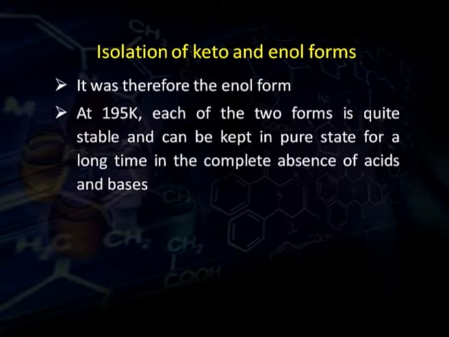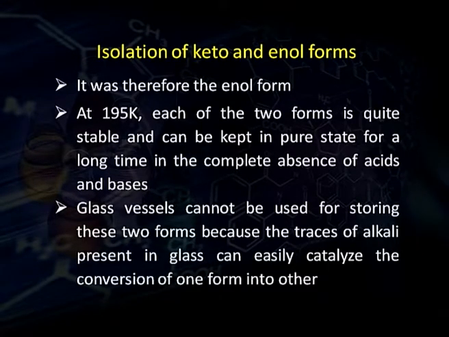So, at 195 Kelvin, each of the two forms is quite stable and can be kept in pure state for a long time in the complete absence of acids and bases. But these forms could not be stored in glass because the glass contains traces of alkali metal which catalyze the conversion of one form into another.